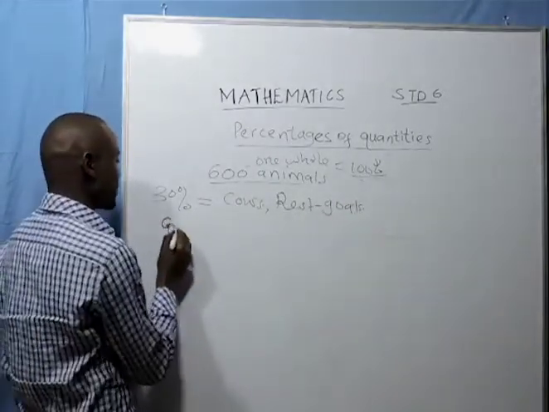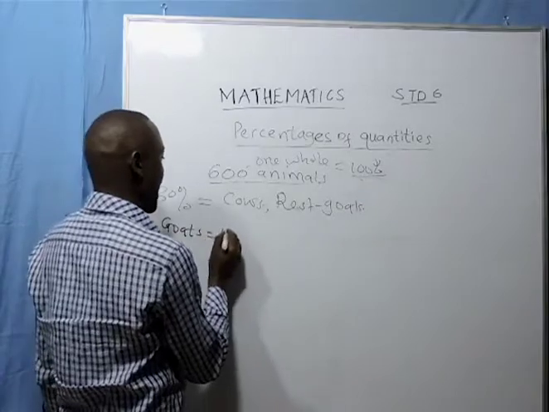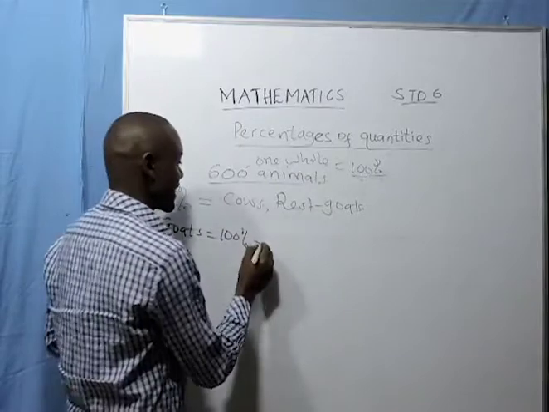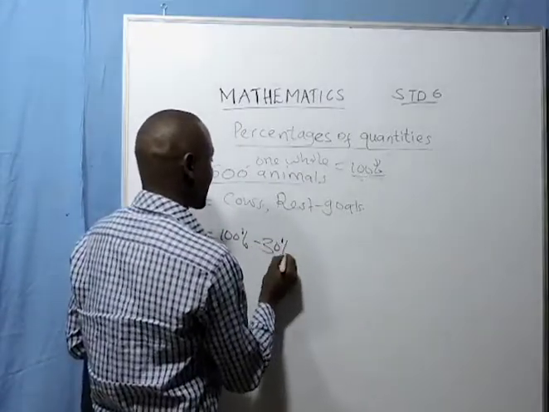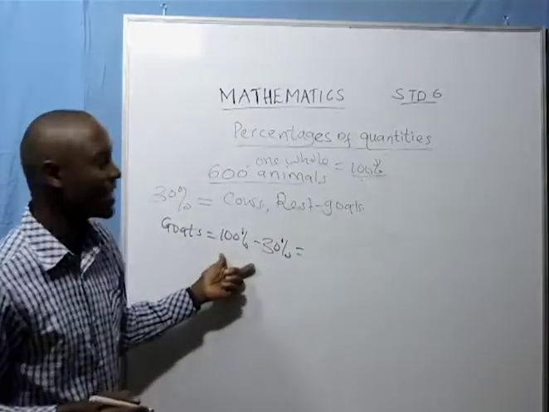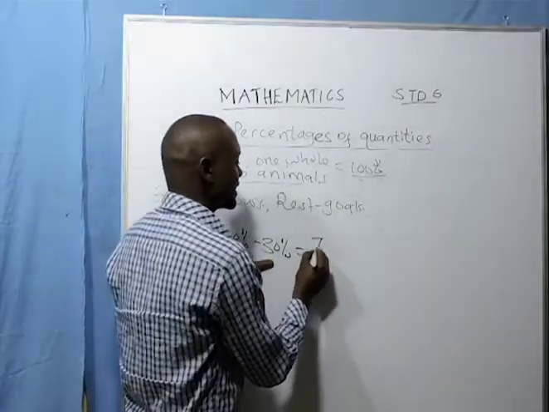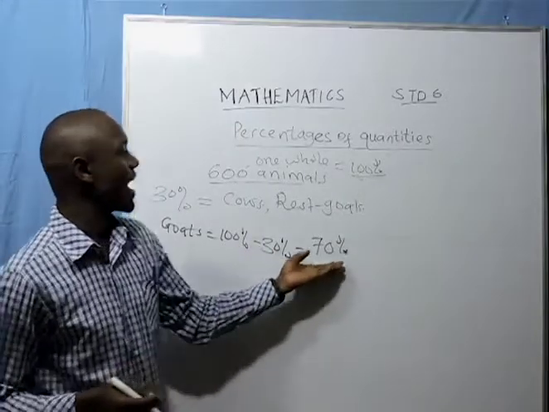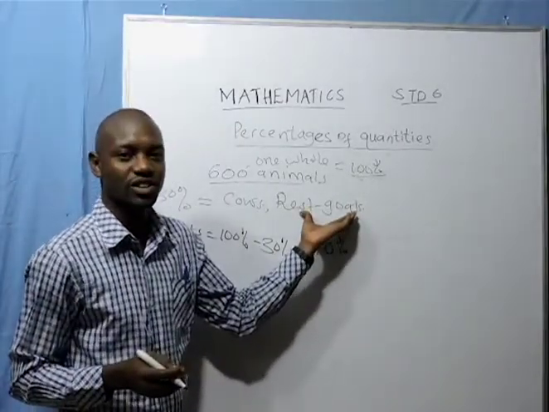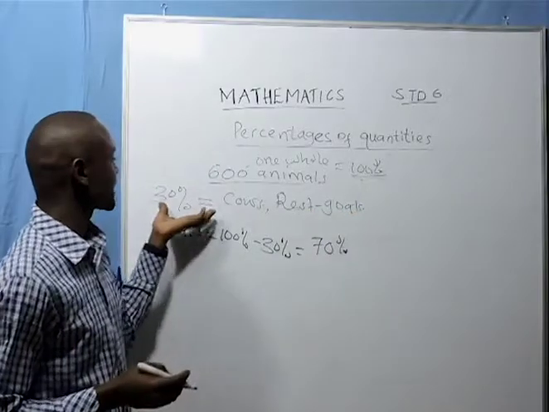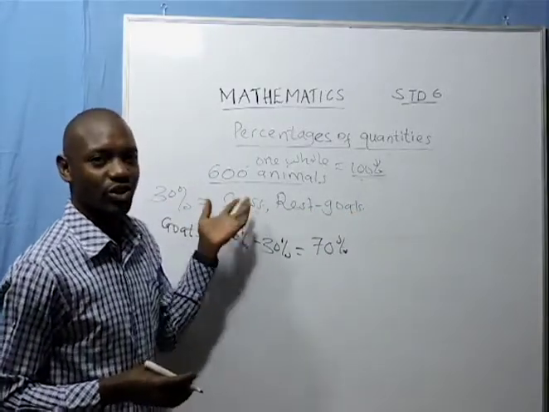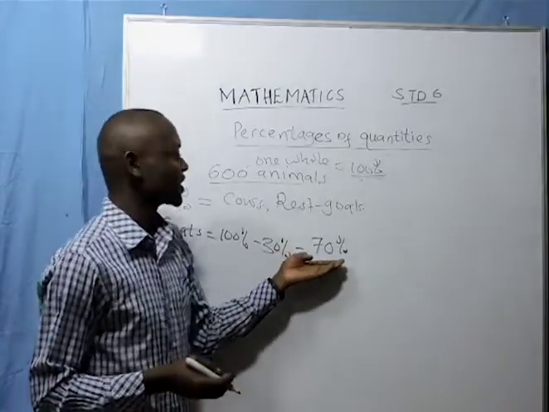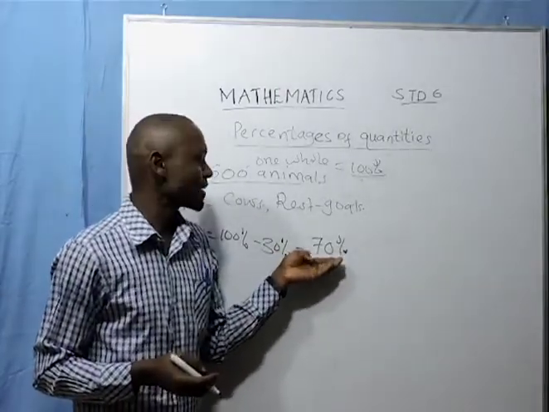The percentage of the goats will be 100%, that is the total number of animals in the farm, minus 30%. What is 100 minus 30? 100 minus 30 is 70%. That means 70% of the animals will represent the goats, because 30% represents the cows. Where does 70% come from?